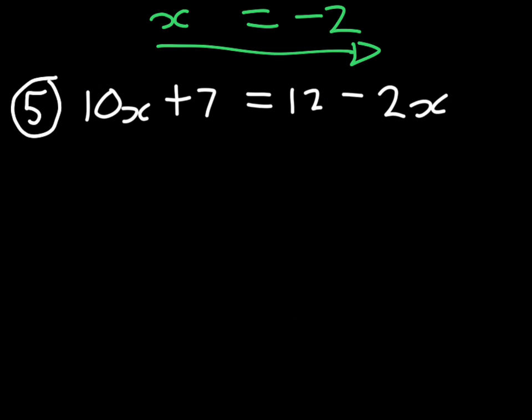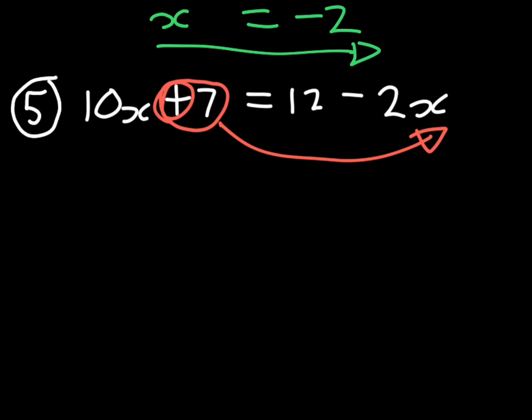Question 5. Here we have 10x plus 7 equals 12 minus 2x. So we need to move this constant term over to the right-hand side. And remember, whenever we are moving a term, we are simply changing its sign and moving it over to that side.